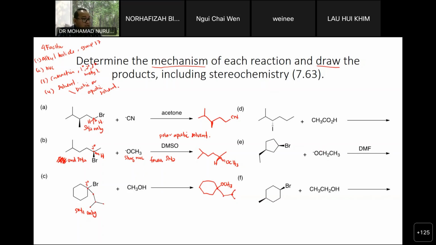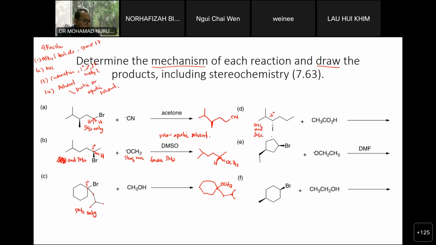In this one, we have a secondary alkyl halide. First, you have to determine that this is a secondary alkyl halide. A secondary alkyl halide can favor SN1 and SN2 reactions.